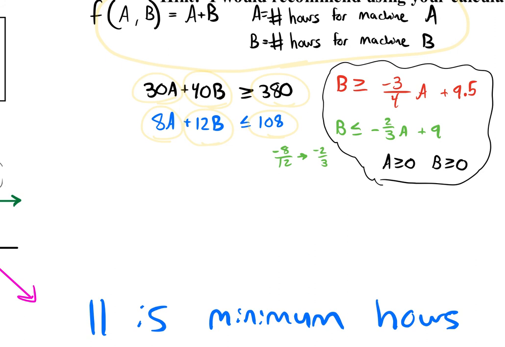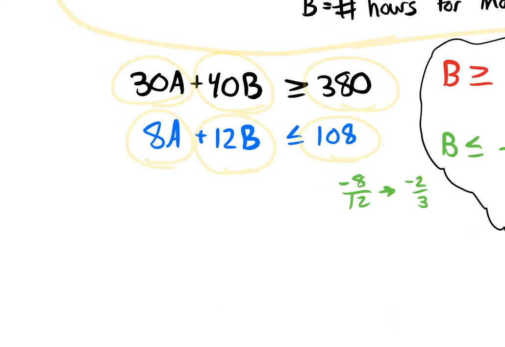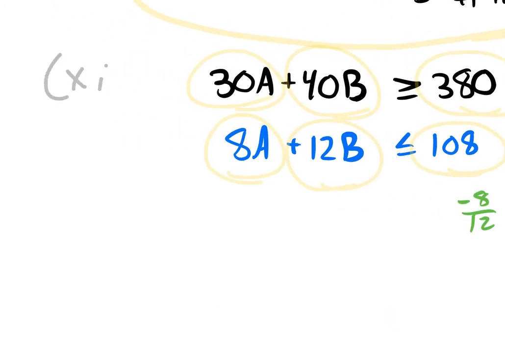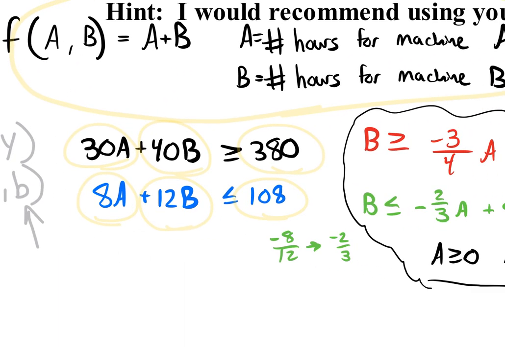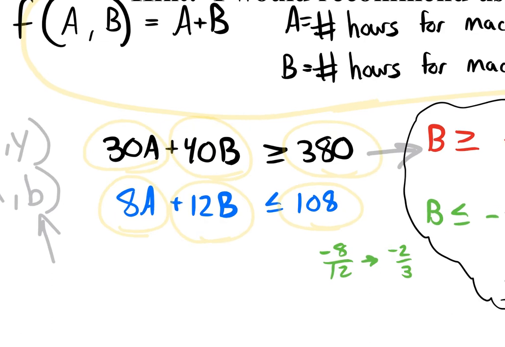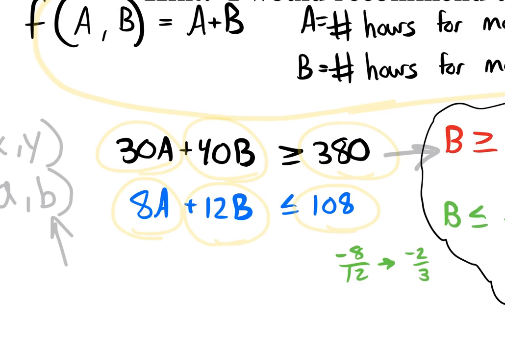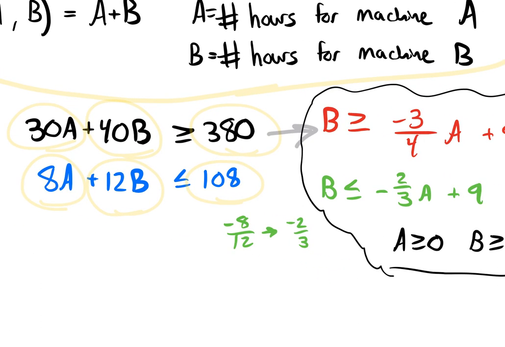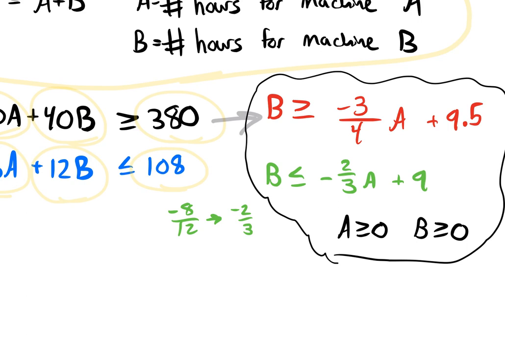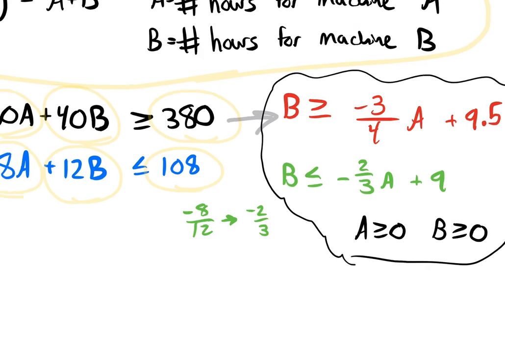So to get these into our calculator, we needed them in y equals mx plus b form. But in this one, instead of doing x comma y, we were doing a comma b, which means this is the variable that I need to solve for. So on this one here, I subtracted 30a on both sides and then I divided everybody by 40, and it simplified to that.